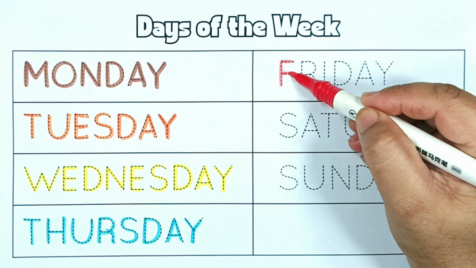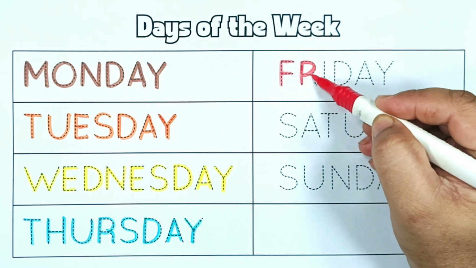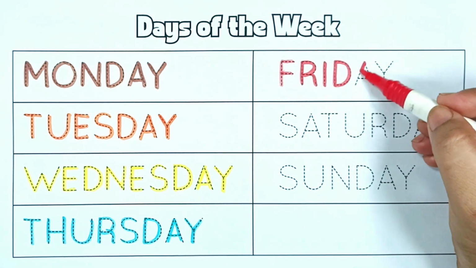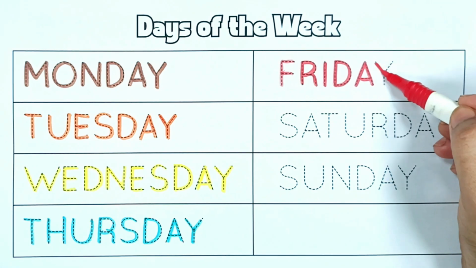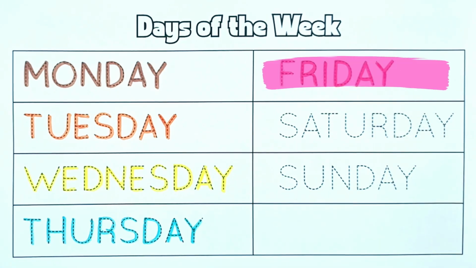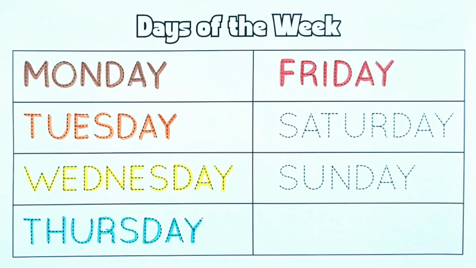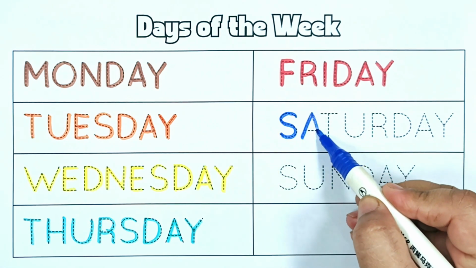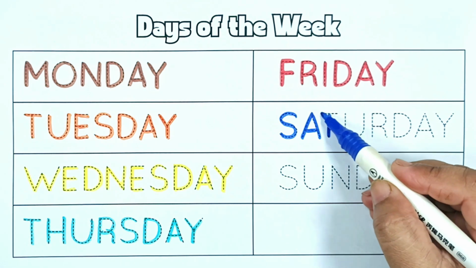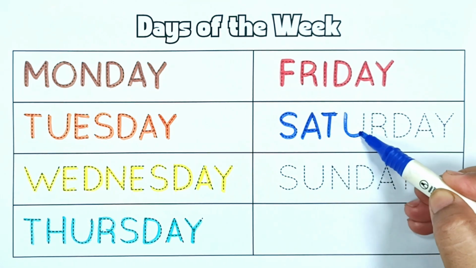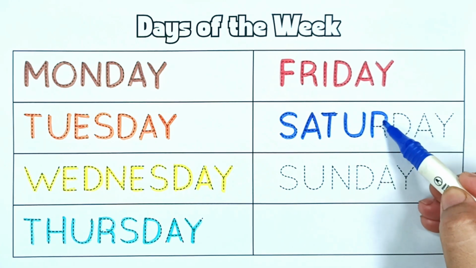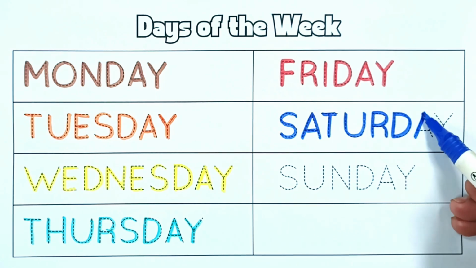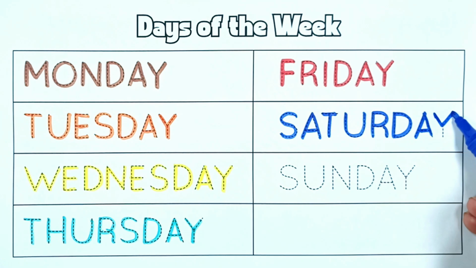The farmer in the dell, the farmer in the dell. Hi-ho the dairy-o, the farmer in the dell. The farmer takes the wife, the farmer takes the wife. Hi-ho the dairy-o, the farmer takes the wife. The wife takes the child, the wife takes the child. Hi-ho the dairy-o, the wife takes the child. The child takes the nurse, the child takes the nurse. Hi-ho the dairy-o, the child takes the nurse. The nurse takes the cow, the nurse takes the cow.